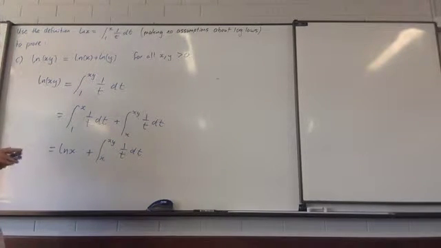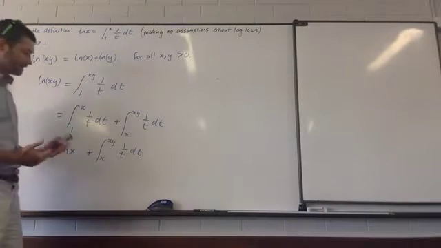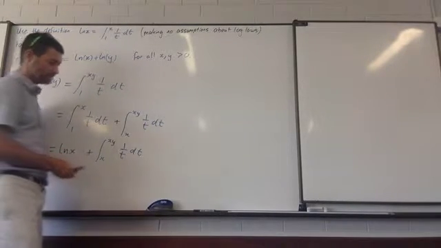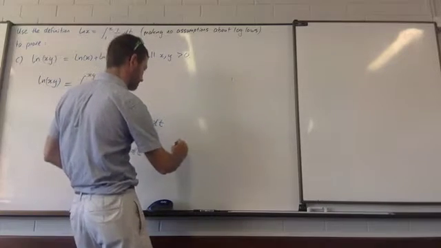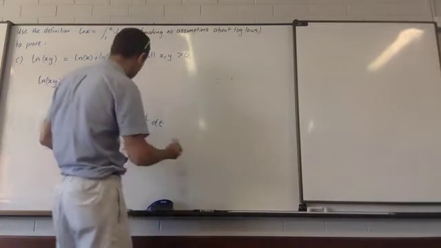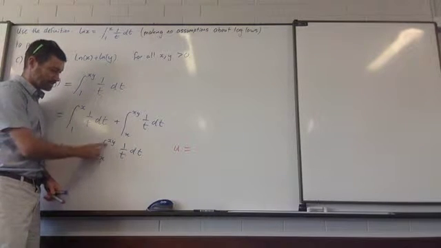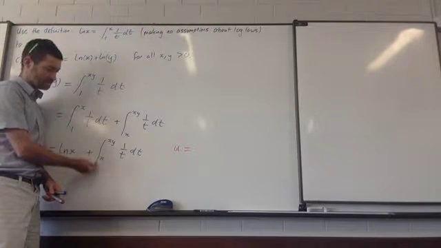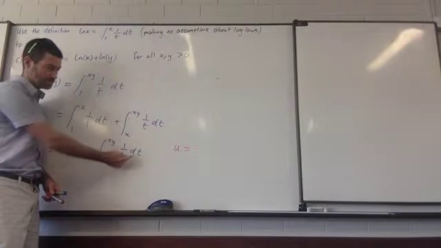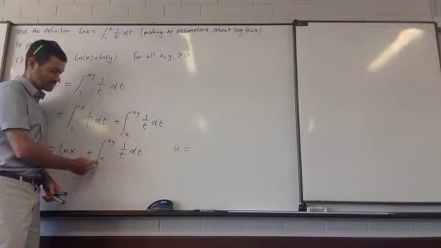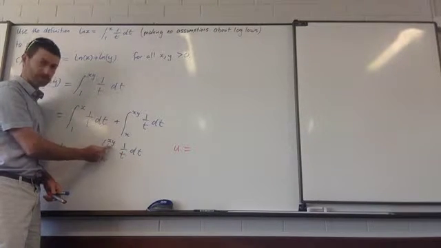Now to do that, we need to make a substitution, and the tricky part is what substitution we're going to use: u is equal to something. The key is remembering that these boundaries of the integral are actually t values, even if it's got x there. Because we're integrating with respect to t, this is t is equal to x, and this is t is equal to xy.